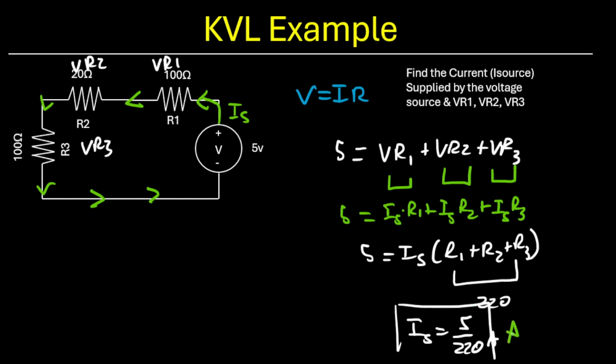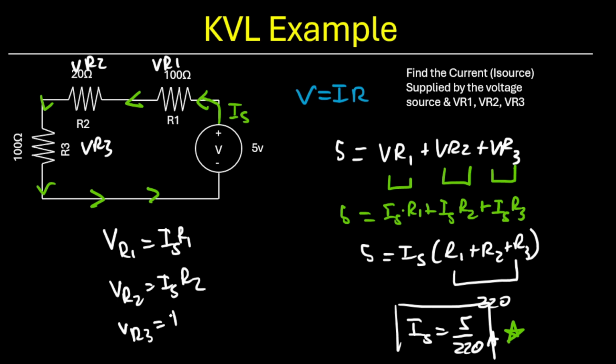All right, so now we just need to find the voltage drop across each resistor. So again, using Ohm's law, we know VR1 equals IS R1. We know VR2 equals IS R2. We know VR3 equals IS R3. We plug in IS for each one and multiply by the resistor. We get VR1 equals 500 over 220, which is roughly 2.27 volts.